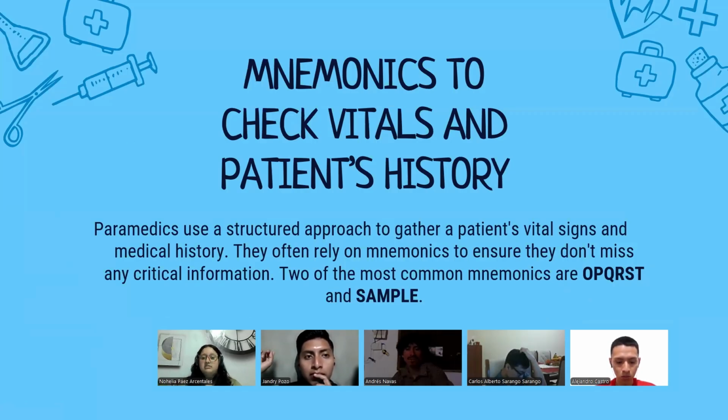So these are mnemonics that paramedics use to remember which vitals and what they are going to ask a patient in an incident. So we have the OPQRST and SAMPLE. These are the most common ones.